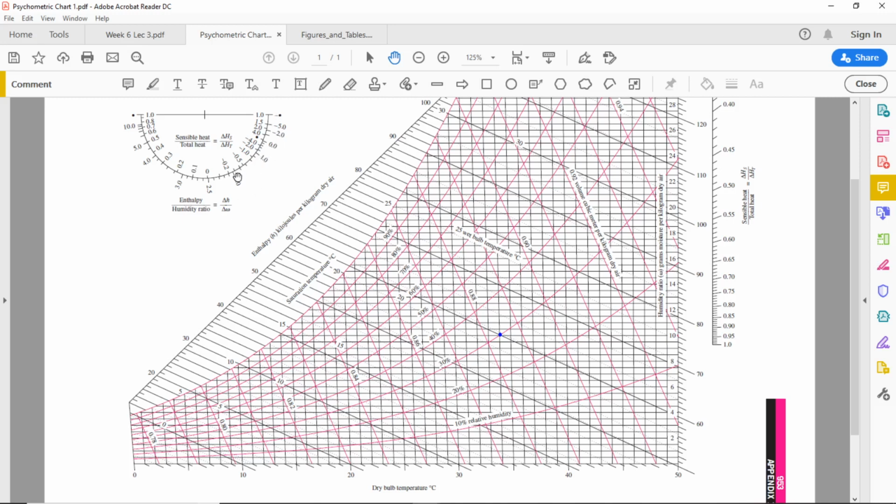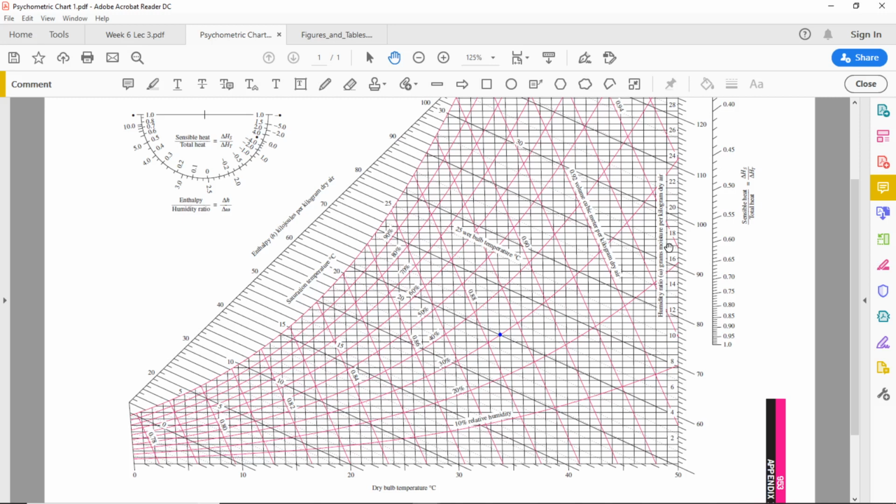But on the scale you can see that the numbers are quite small, whereas we have an HW value of 108.95 kilojoule per kilogram, and that is because on the psychrometric chart the humidity ratio W has units of grams per kilogram dry air, whereas in the SI system they are kilogram per kilogram dry air.